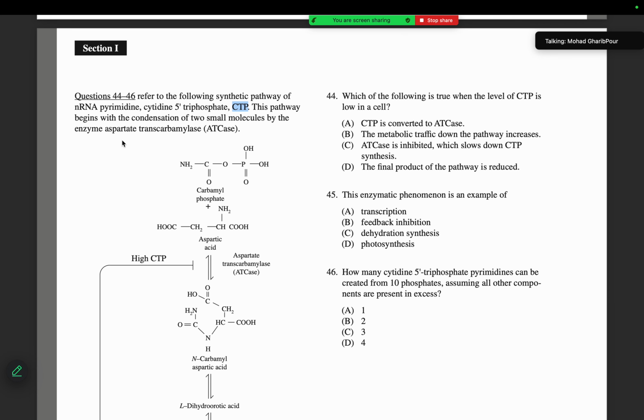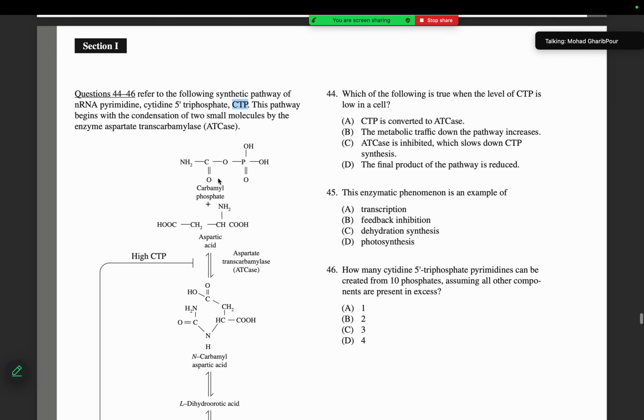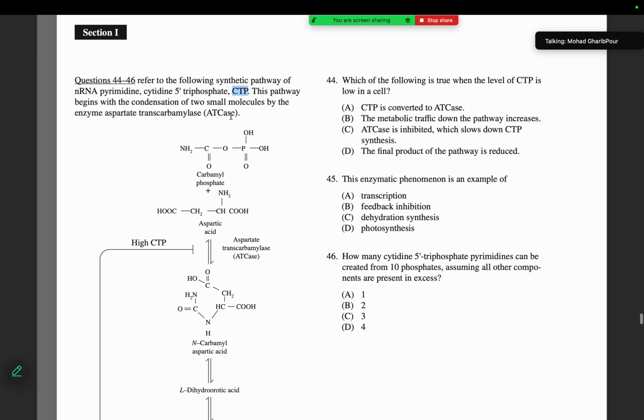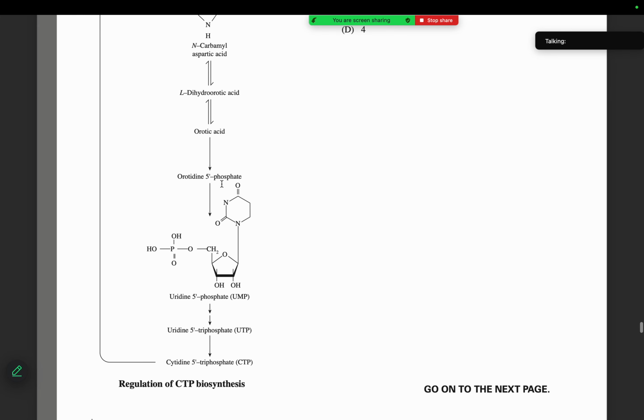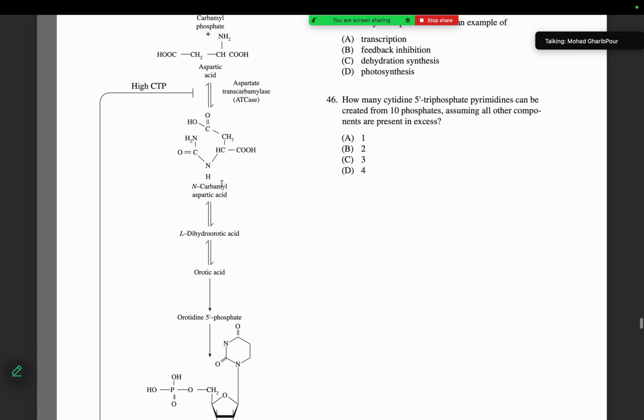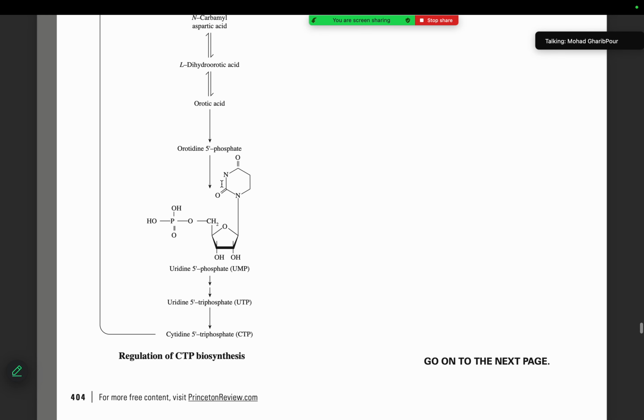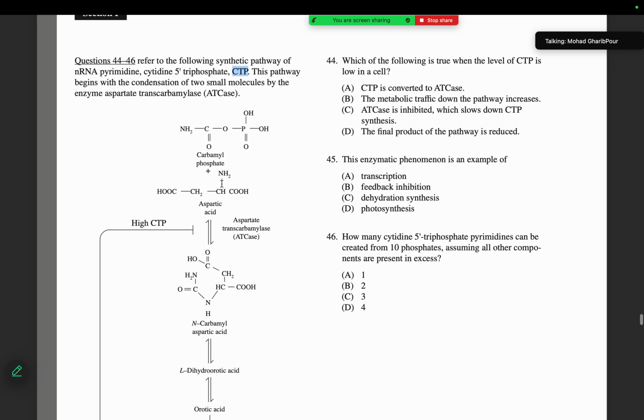This pathway begins with the condensation of two small molecules by the enzyme aspartate transcarbamylase, ATCase. Okay. So this is the regulation of CTP biosynthesis.